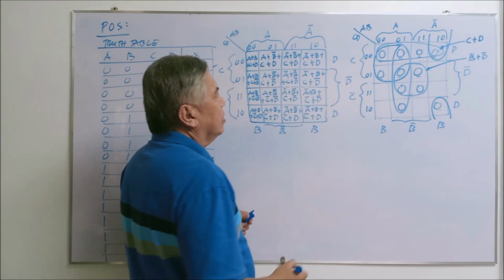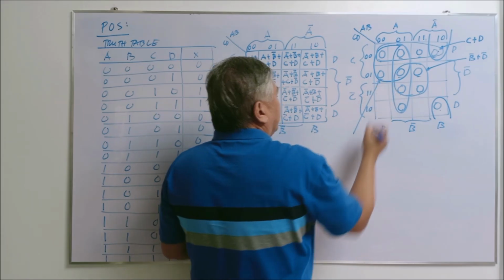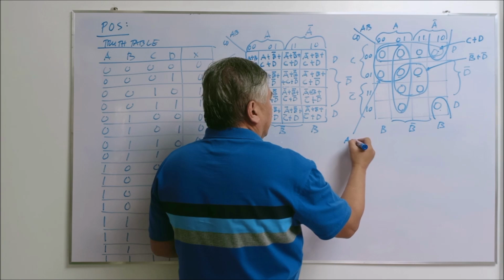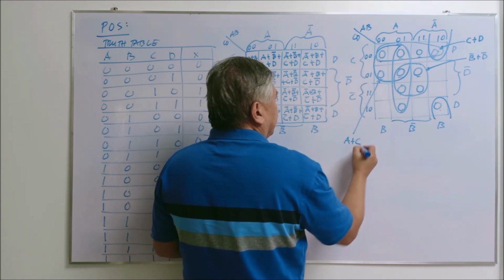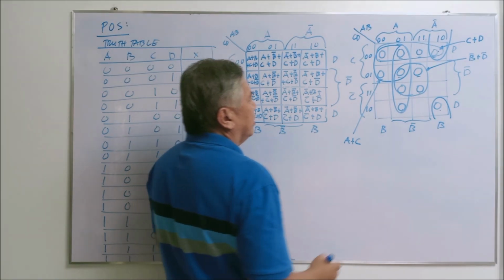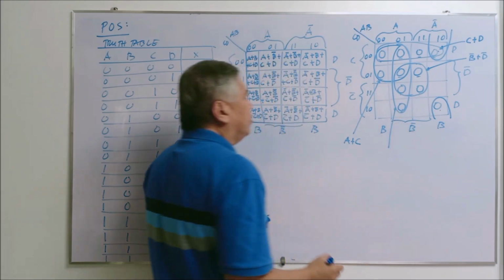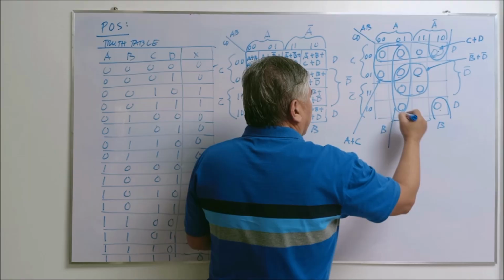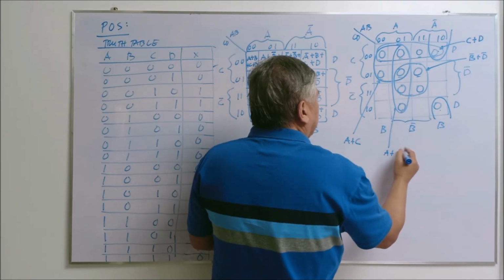And this one here belongs to A plus C. And this line here, 4 adjacent cells in line, belongs to A plus B bar.